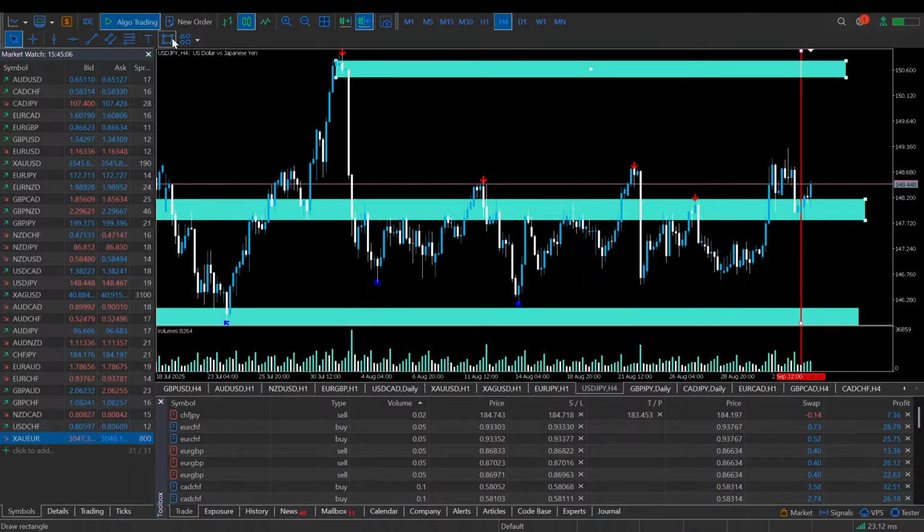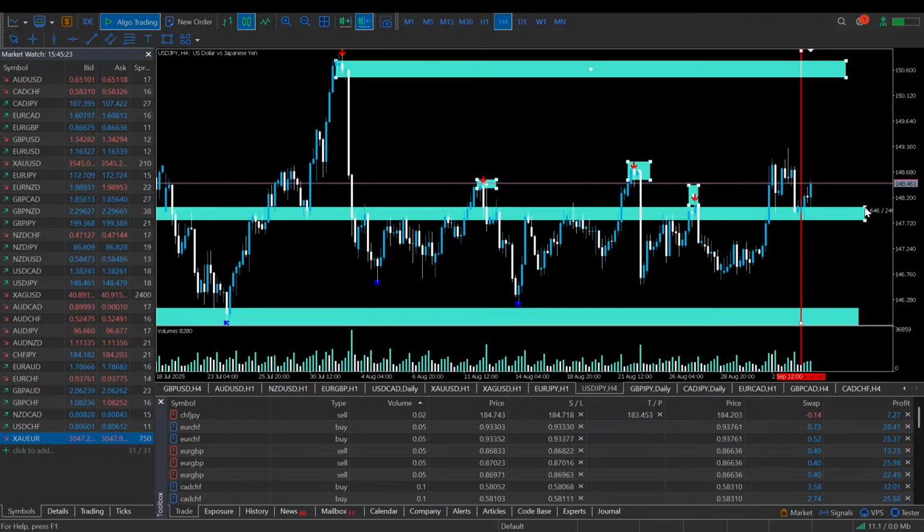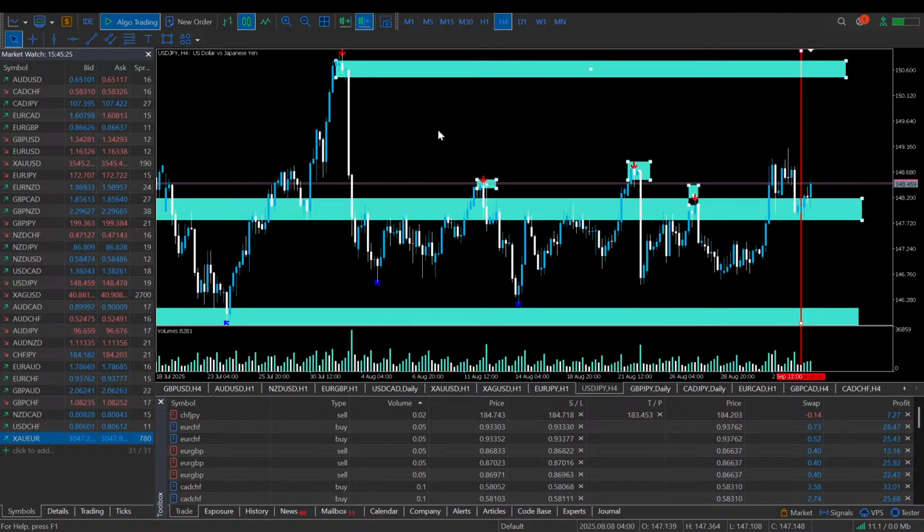Because of multiple U-turns there already. And if price trades above, that area becomes support as well. Why? It's also because we have multiple U-turns there at the bottom as well. So currently we are looking at buying here.